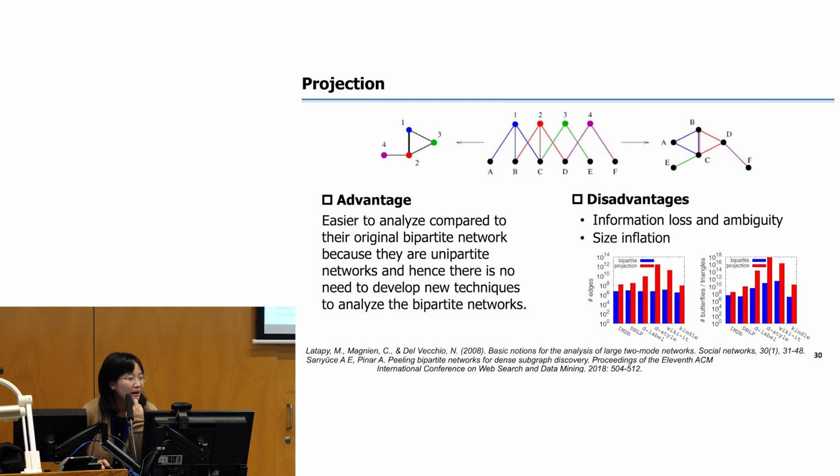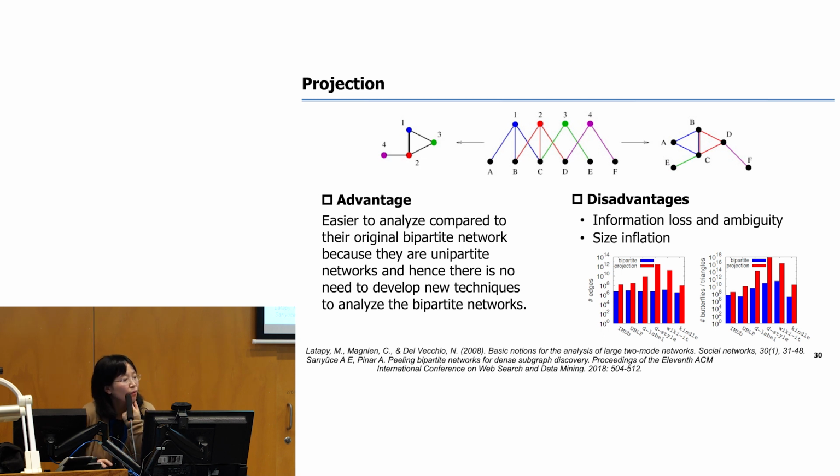So for the upper layer, like 1, 2, 3, 4, to establish the connection of vertices on the upper layer, we check whether 1 and 2 share a common neighbor. If they can be connected by traversing only one vertex across the opposite layer, then we consider them as connected.